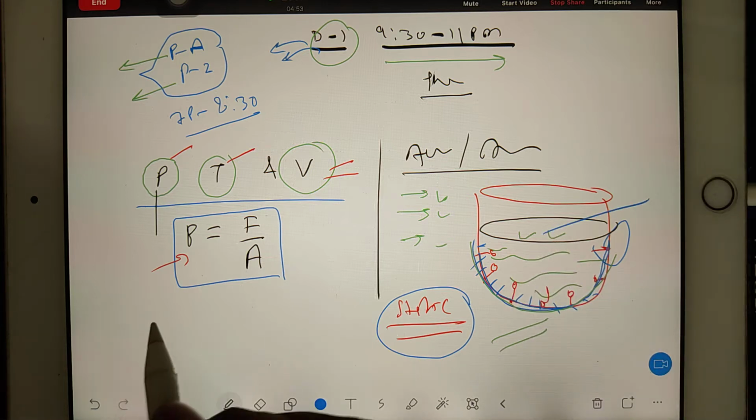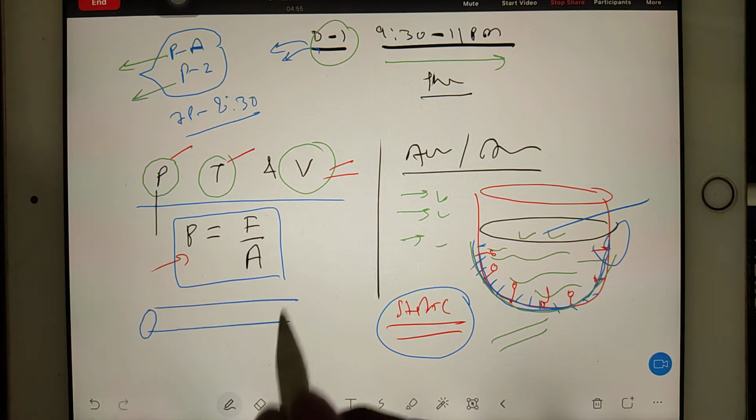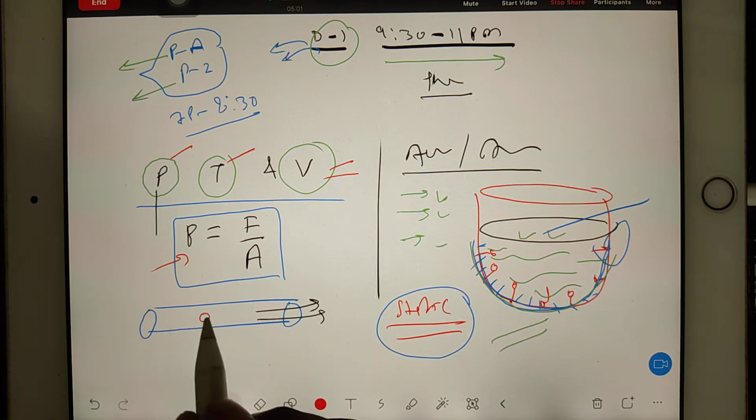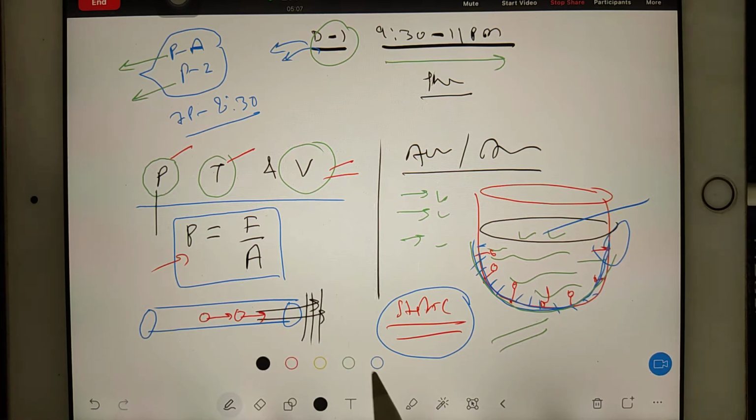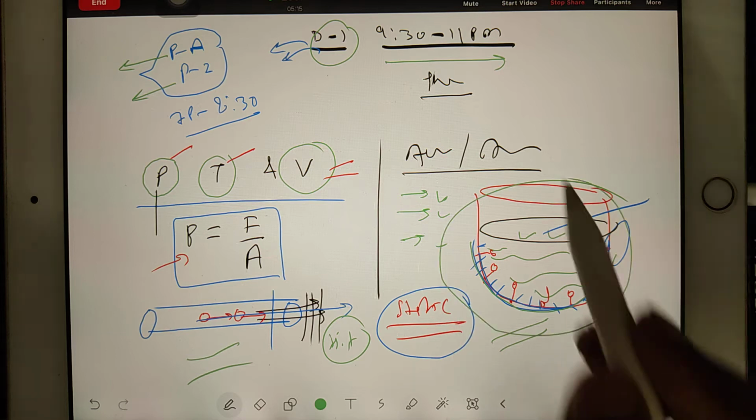But if you want to discuss the same thing in a pipe where flow happens, the molecules are going in a forward direction. So whatever pressure will be experienced, if you stand in front of the molecules, they will hit you. That hit is different from this hit.